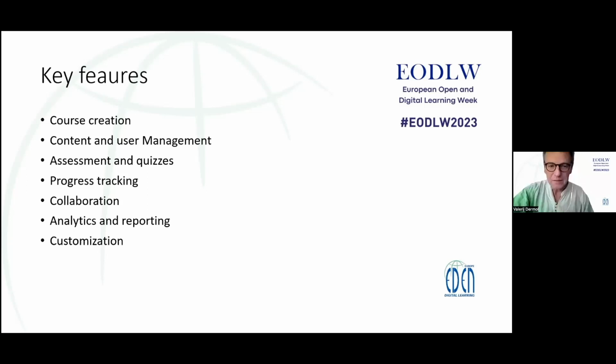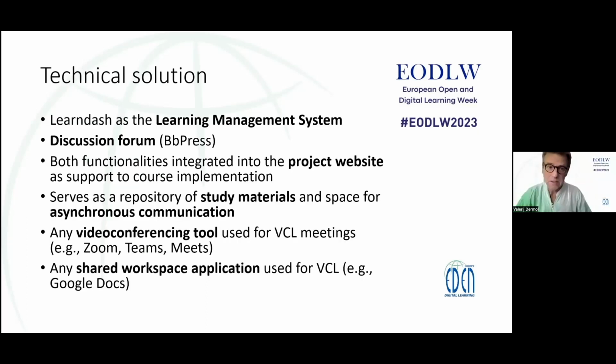Yeah, Mattis explained that in some other projects they used Office 365, or let's say MS Teams, as a kind of learning system for delivery of VCL courses. But in our case, in the OER-CODEX project, we switched to another learning management system called LearnDash.